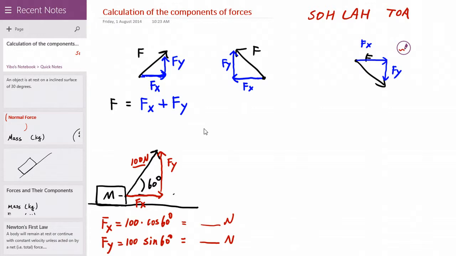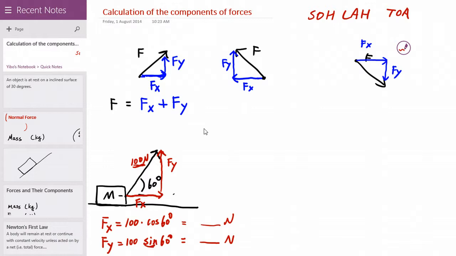Or the other way to remember this: in a triangle, we have the hypotenuse, the adjacent, and the opposite. The value of the adjacent is always the hypotenuse times the cosine of the angle. The value of the opposite in a triangle is always the hypotenuse times sine.